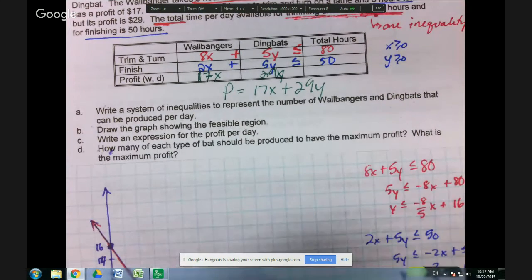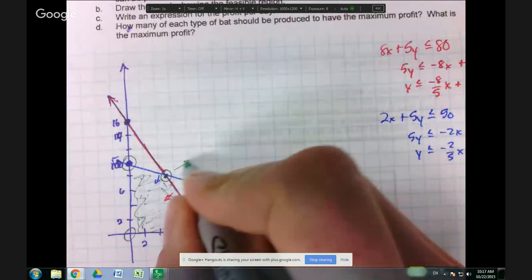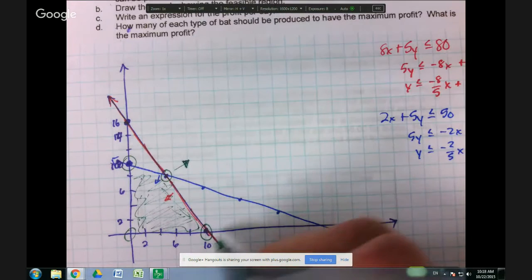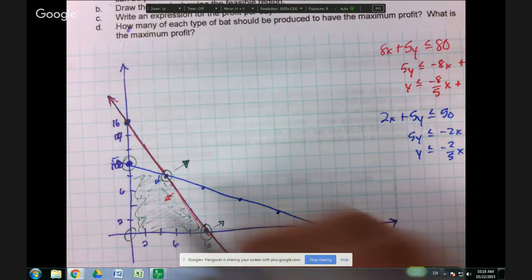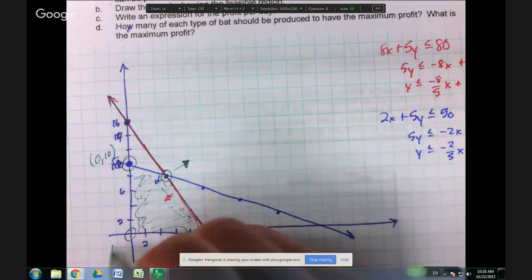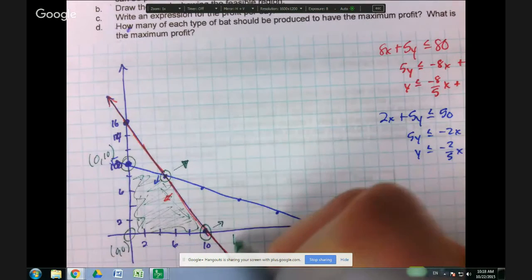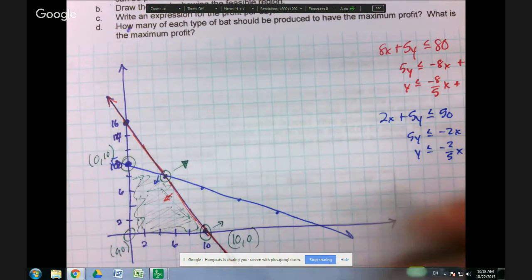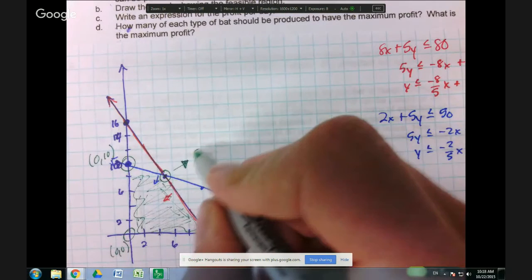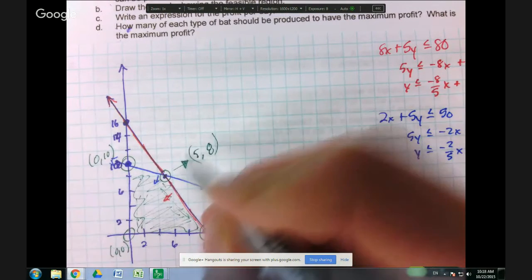Okay. What are our vertices? Vertices are 0, 0, 0, 10, 10, 0, and 5, 8. Okay.